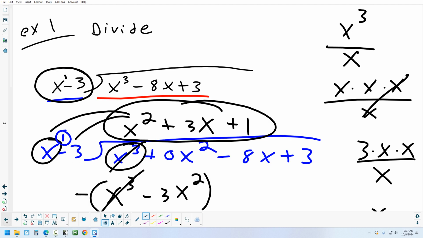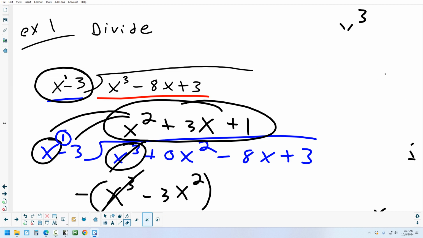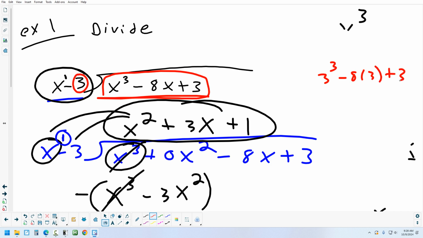So let's look at this one. This problem fits the pattern that you can use the remainder theorem. You're dividing by x minus 3. What's the number that's after the minus sign? 3. So we're going to fill it into what would be in the top if we wrote it as a fraction. Fill 3 in for x. You get 3 cubed minus 8 times 3 plus 3.